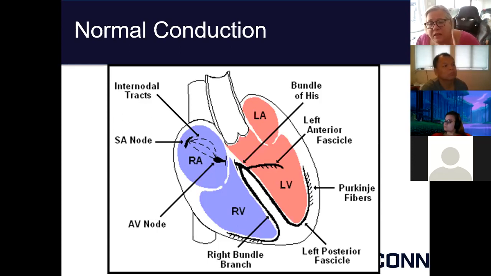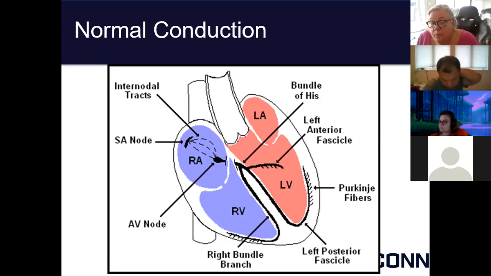If your patient has a delay in conduction, let's say they have a known right bundle branch block, that means the left bundle is doing extra work to keep that left ventricle moving, to keep the heart moving effectively. If you develop a left bundle block on top of a right bundle block, that's a huge problem.